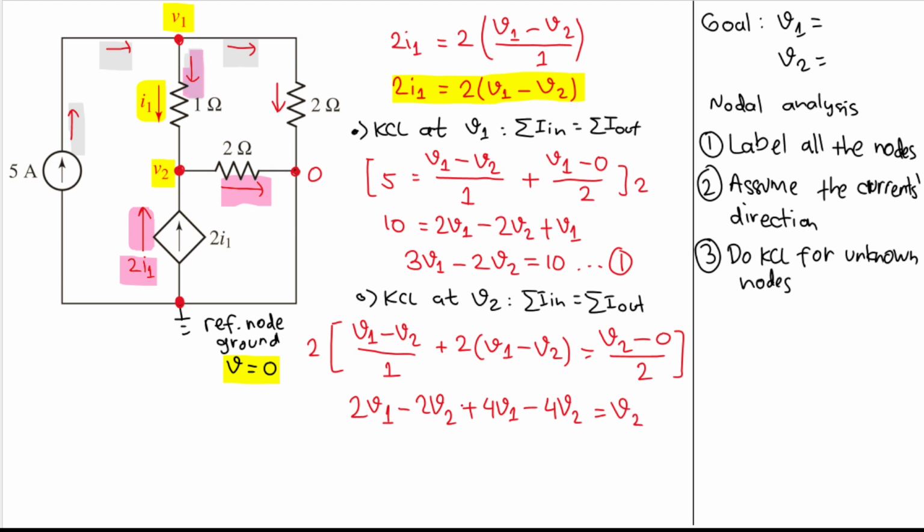And we can just move things around, so we will have 6V1, and then minus 2 minus 4 will be minus 6, and then minus 1, that will be minus 7V2. All of that will equal to 0. So this is equation number 2. So now we have two equations with two variables. We should be able to solve them, right? Which is exactly our fourth step, which is to solve the equation.